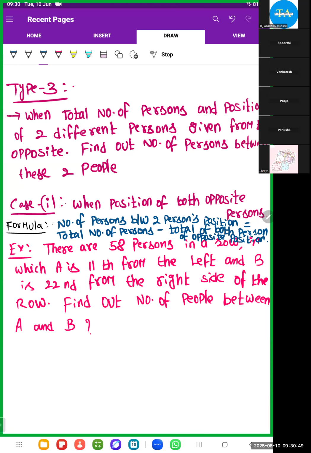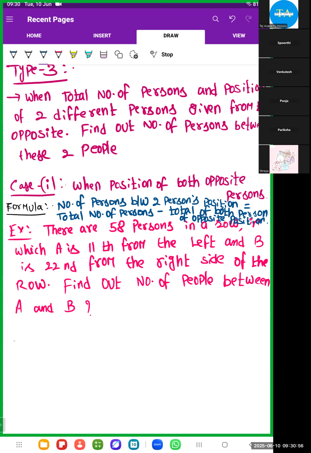I hope it is clear. It's not visible, I think. So do one thing, I am writing the formula here.